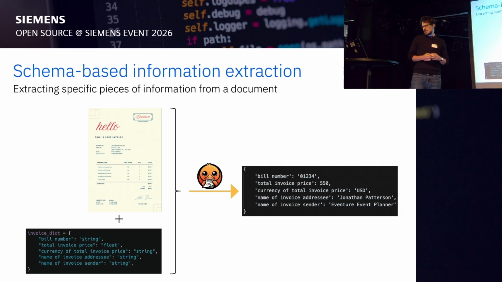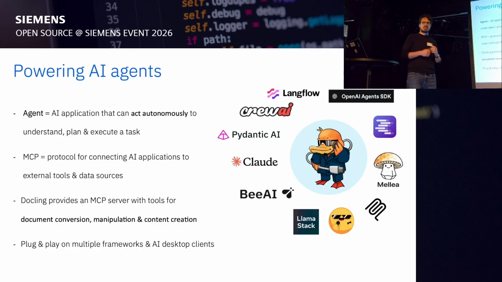And as you imagine, agents could not have been missing. Everything is around agents nowadays, so obviously and naturally we are trying to put this as a very core focus of what we're doing, because a lot of this is used in the context of agents, right? So that's why we have, for example, the Docling MCP out there, but also specialized agents that we provide, such that you can in principle use Docling from different agentic environments.